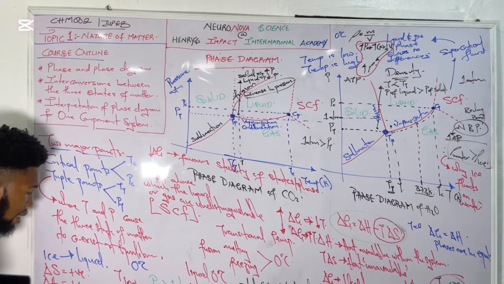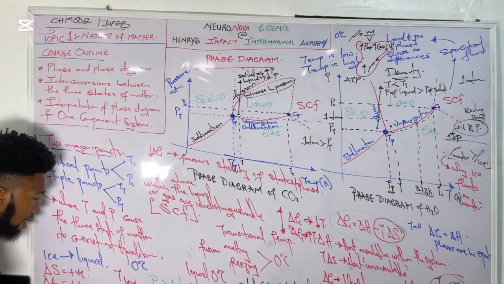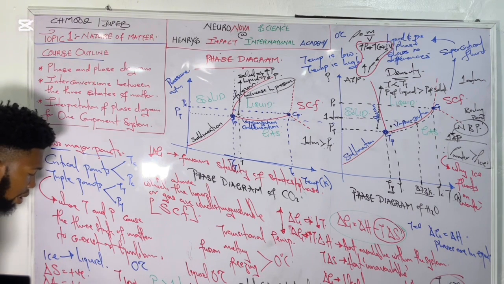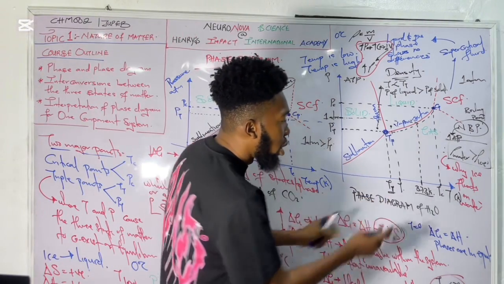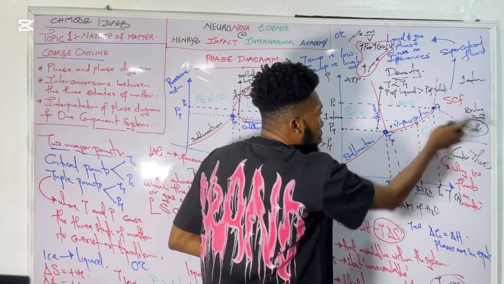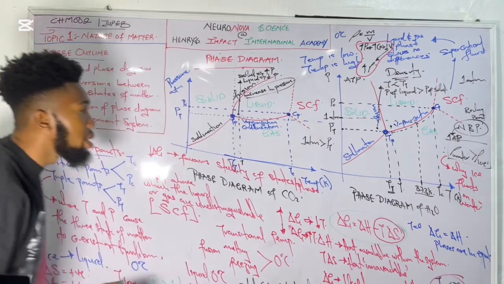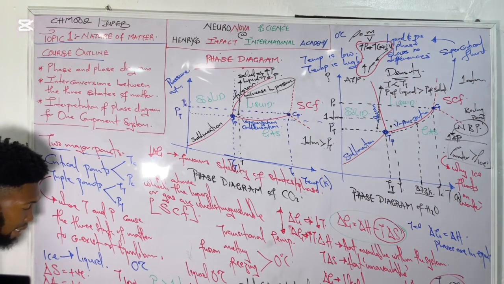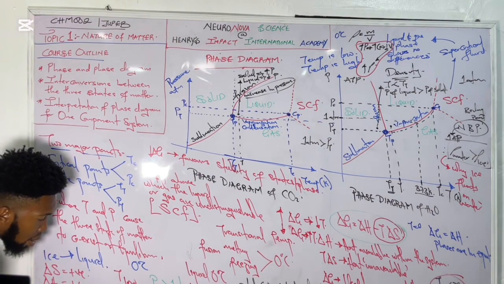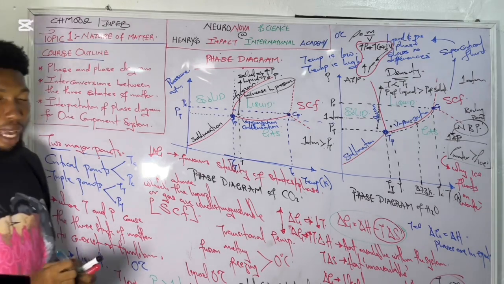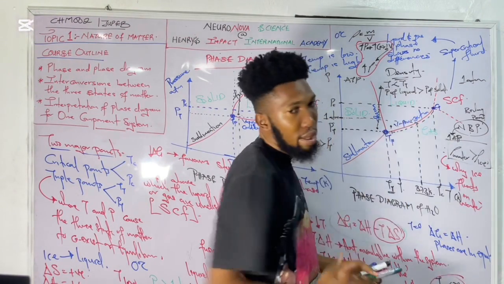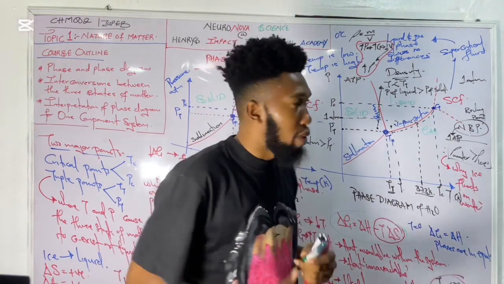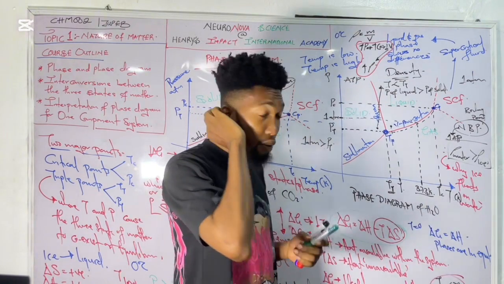So TC is greater than 373 Kelvin, while TT, that's your triple point temperature, based on NBP, has to be less than 373. If you have this in mind, then remembering numbers or values should not be much of a problem.